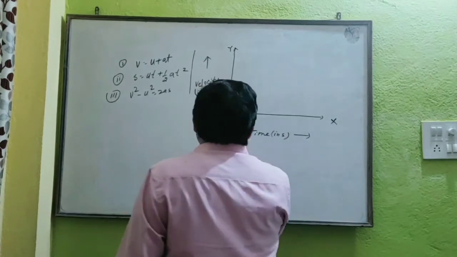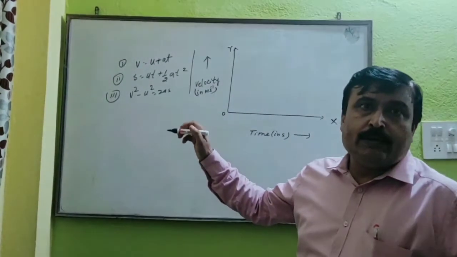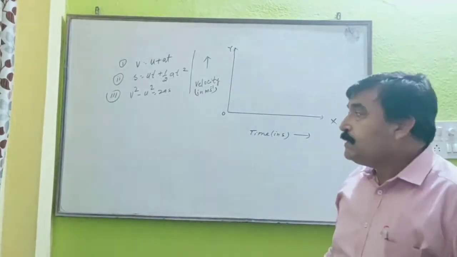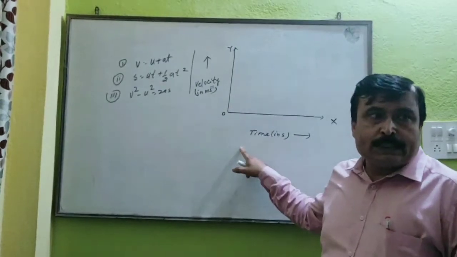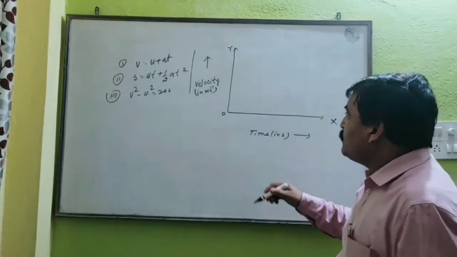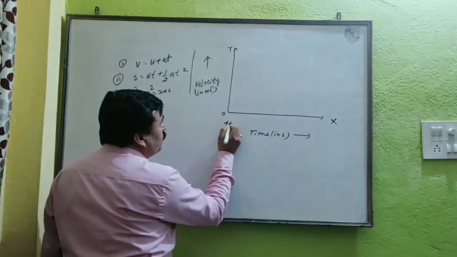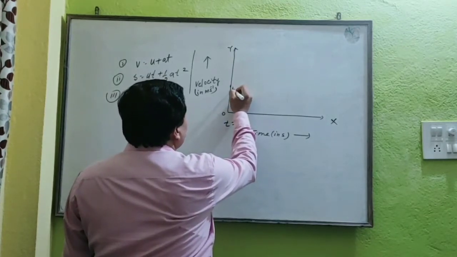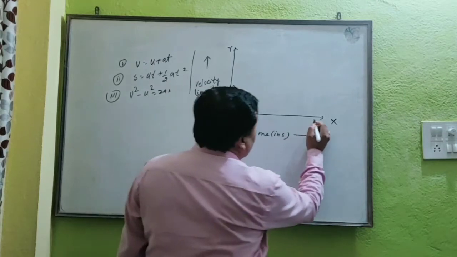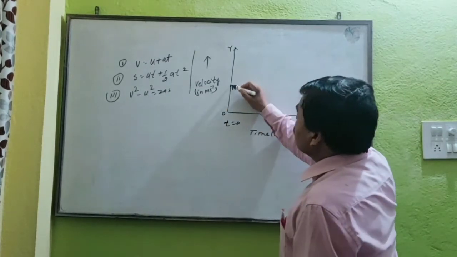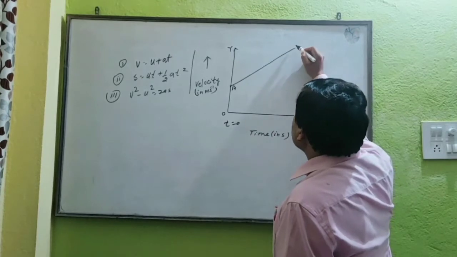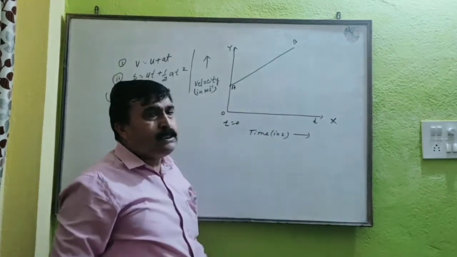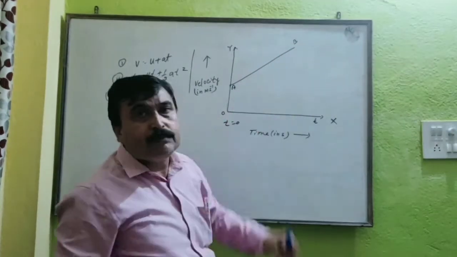For derivation of the equations of motion, we will plot the graph between time and velocity. Suppose at t equal to 0, the body is at position A, and after time t, the body is at B. AB represents the velocity time graph.